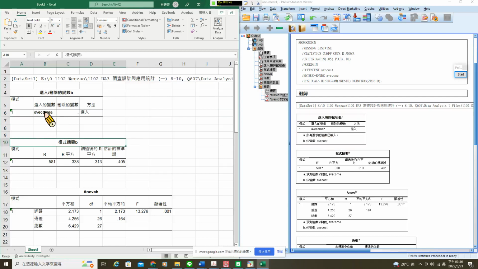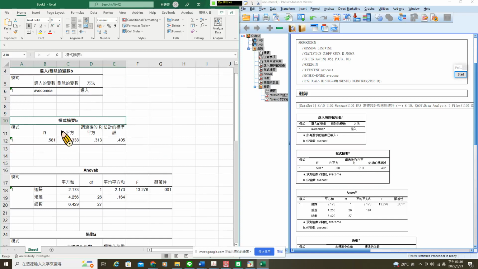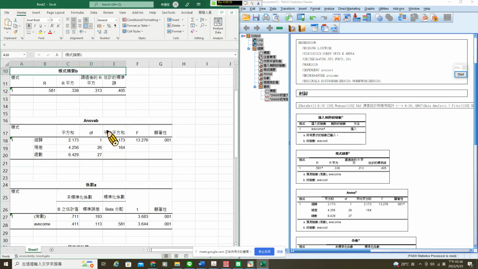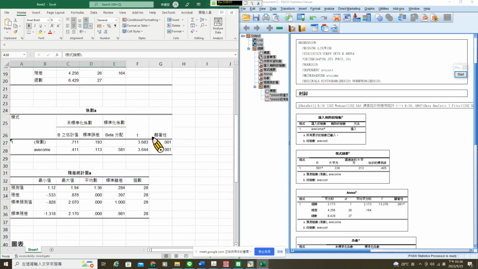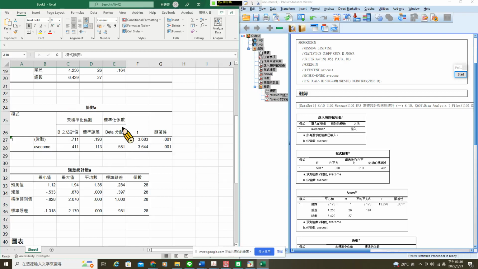So we have the average, we have this number, and we have the model here, R squared, and adjusted R squared, and the standard deviation, and the standard deviation of the error. And this is an ANOVA test. This is ANOVA, this one to here, right? So we can see that there are a lot of numbers here. And here is something we'll look at, but this is mostly the important part. We're going to use it.